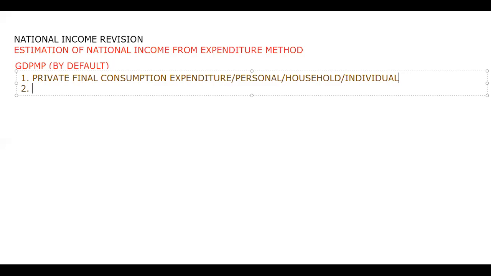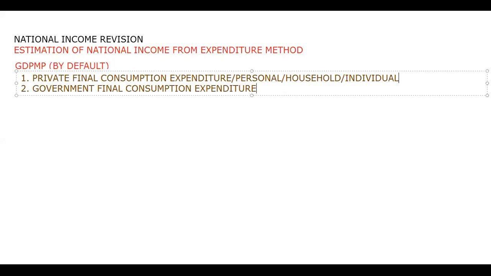Okay, the second expenditure that we have to add to find out the GDP MP from expenditure method is government final consumption expenditure. Here we will be taking the expenditure of the government, that is, what amount the government is spending on consumption expenditure.